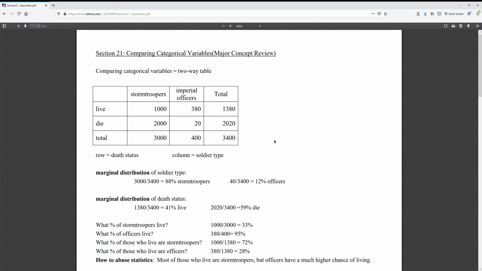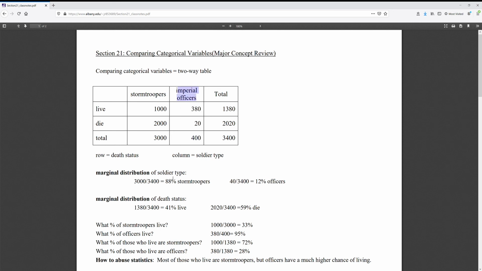So what can we do? Well, first of all, we can make some totals, of course. How many totals are there? Well, there's as many as there are categories here, as many as there are categories up here, and the total. So this is pretty clear, I think, how this plays out. If we add down, then we see that there are 3,000 total stormtroopers. If we add down, we see that there are 400 total imperial officers.